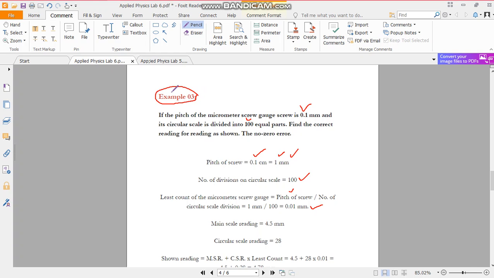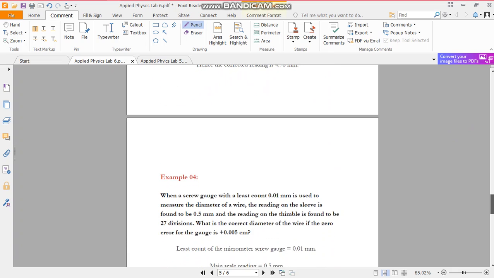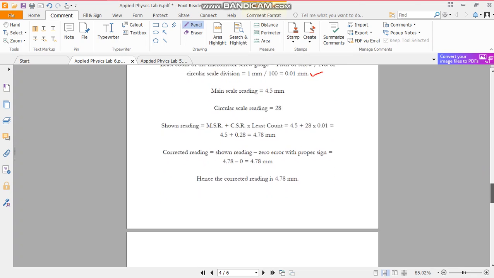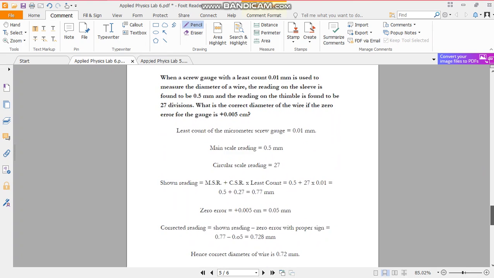I will also skip this in your PDF file. So we will go to the formula examples only.